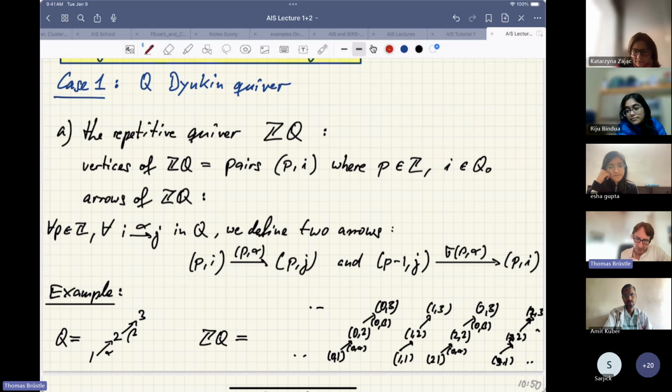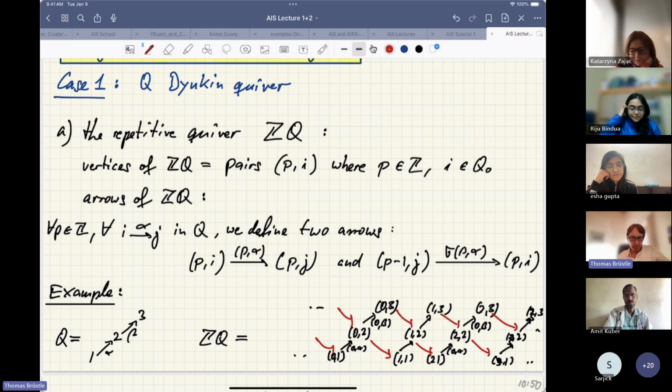The arrow alpha induces an arrow between the copies from 1 to 2, but it also induces an arrow in the other direction from the preceding copy. So I'm going to have arrows like so from alpha, and I'm going to have arrows like this from beta. So that's the whole quiver. Okay?